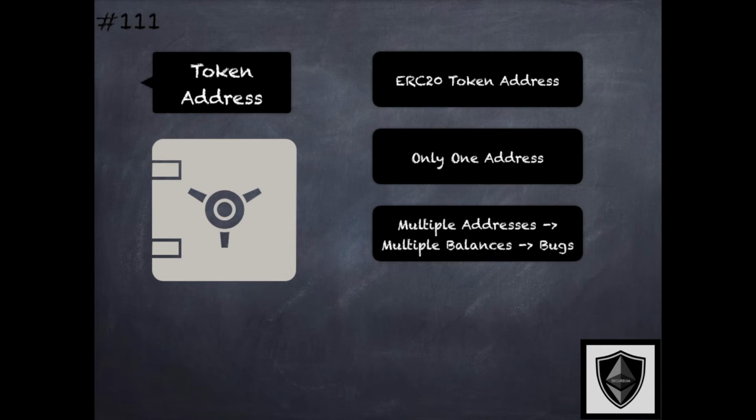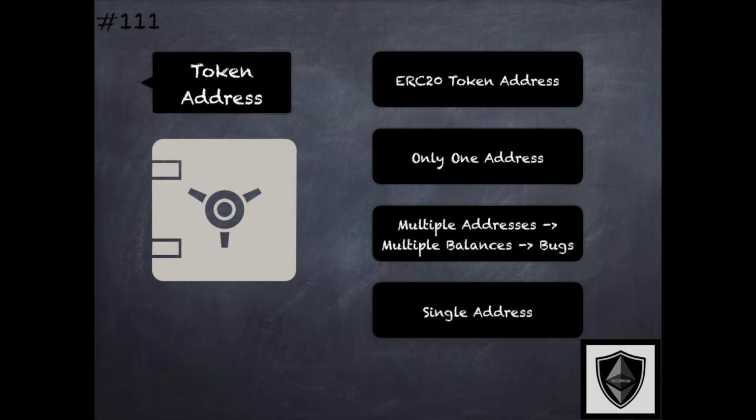This is because multiple addresses within a contract can result in multiple entry points for the different balances that are held or maintained by those addresses. And not being aware of these multiple addresses and their balances can result in accounting bugs. So the best practice is to make sure that an ERC20 contract works with a single address.